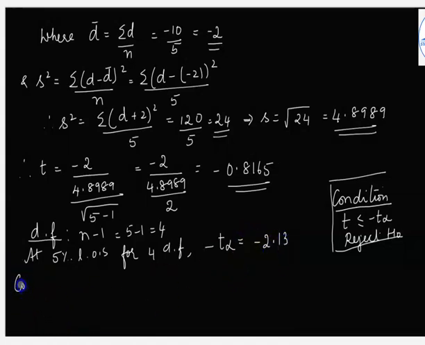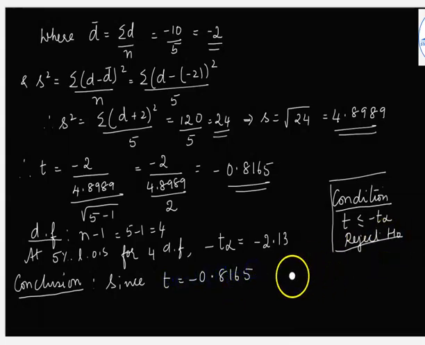Now the last step is to write the conclusion. So since t is equal to minus 0.8165 and minus t alpha is equal to minus 2.13, you have to check whether minus 0.8165 is less than minus 2.13.